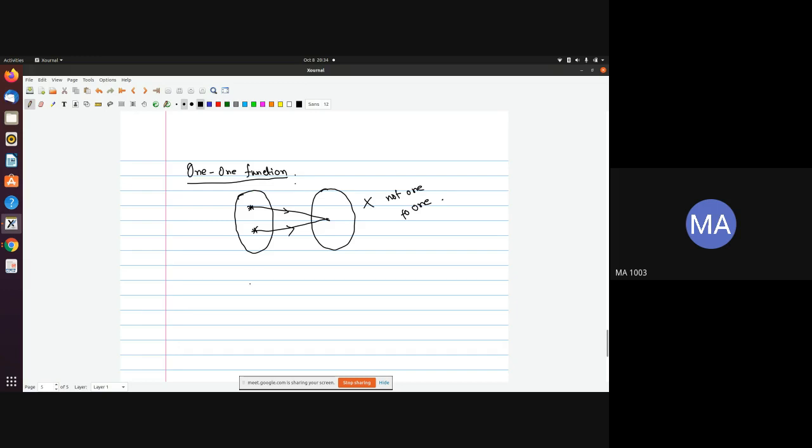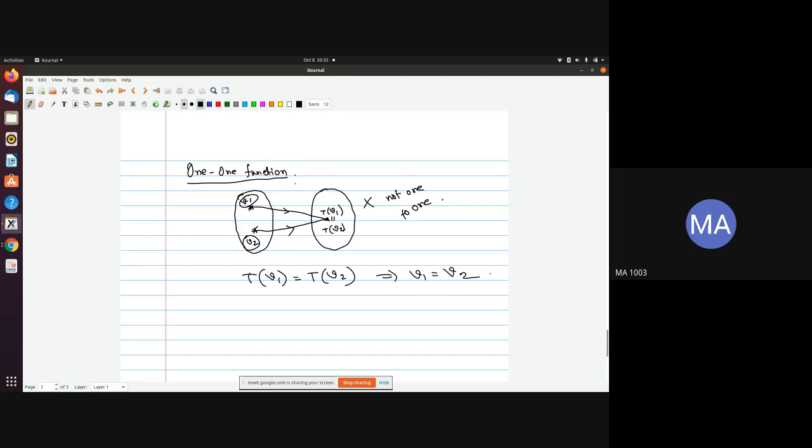When I say T v1 equal to T v2, there are two vectors v1 and v2 giving the same output. From v1 I get T v1, from v2 I get T v2. If these two are equal, then v1 and v2 cannot be distinct; they must be equal. That was the definition.